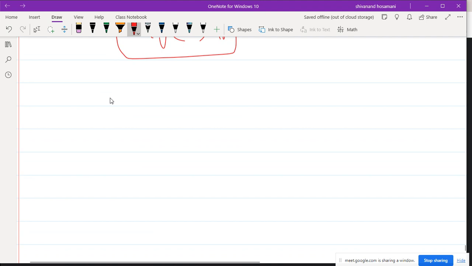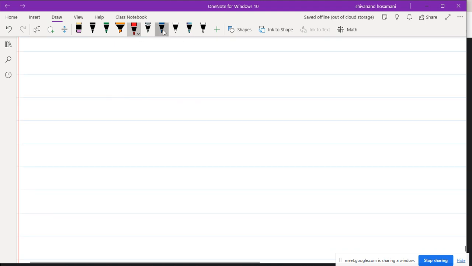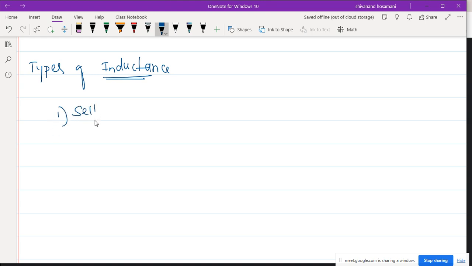We call that inductance. So what are the types of inductance? First one is self-inductance. What do I mean by self-inductance?